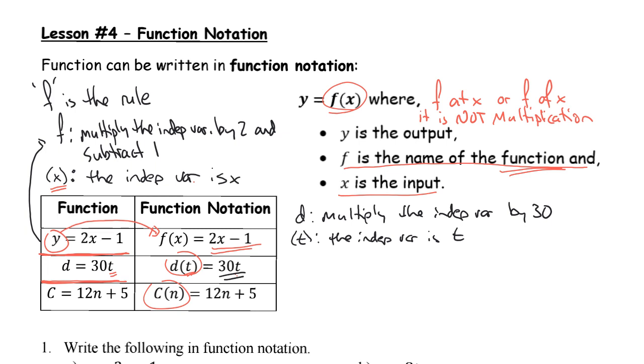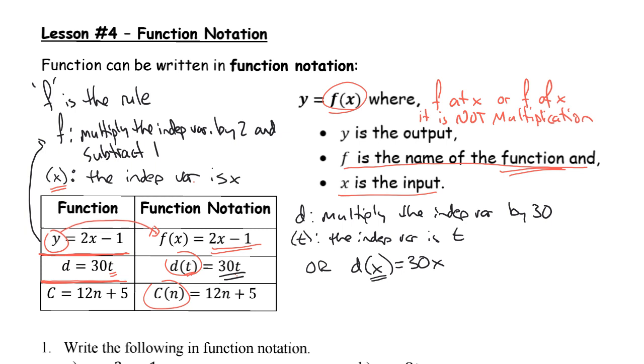But for example, I could have very easily written it like this, d of x. D still stands for the rule, multiply the independent variable by 30. It's just that now what I've done is inside the parentheses is the independent variable. So this would now be 30 times x. It's just substitution. Whatever's inside the parentheses takes the place of the independent variable in the expression.